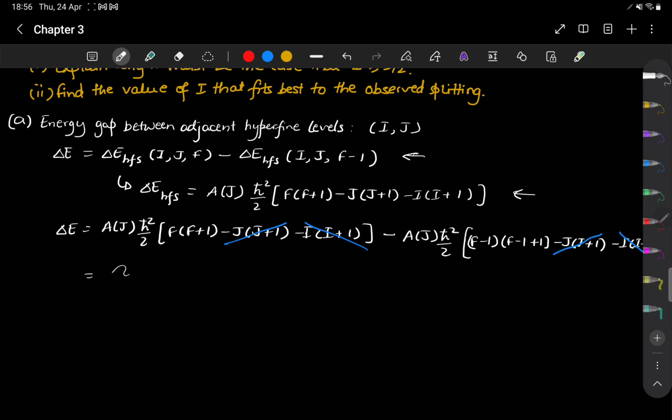This finally leaves me with the constants, and we have F into F plus 1 minus F minus 1 times F. So let me simplify this further.